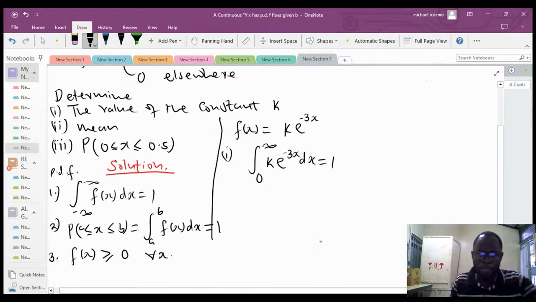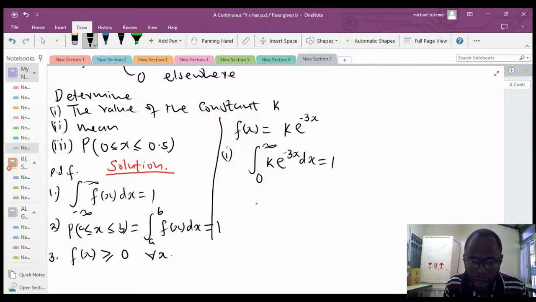When you integrate k exponential negative 3x, you get negative k over 3 exponential negative 3x, with the range from 0 to infinity, and this should be equal to 1.